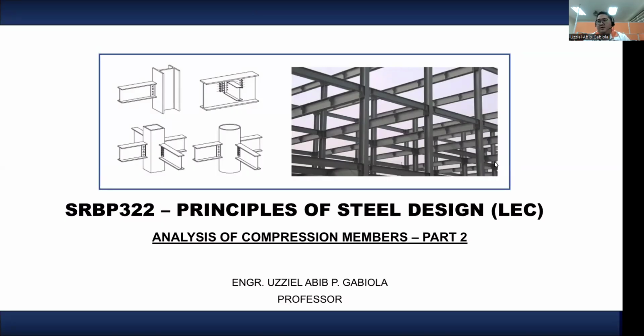Let's say, for example, the connection is no longer pin-pin. So we introduce a factor that we multiply to our length, to consider an effective length, and then calculate the slenderness ratio of our column.